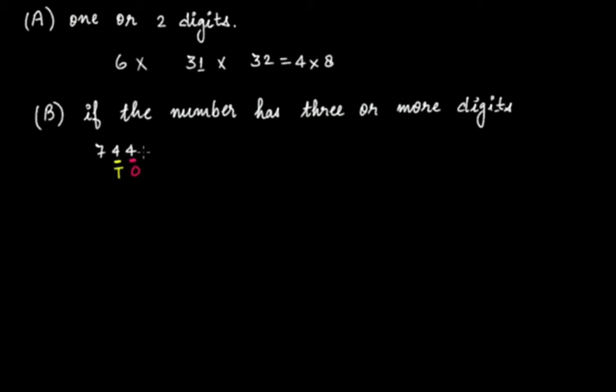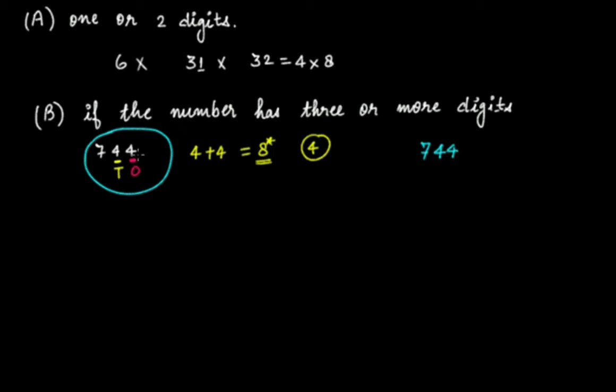In this case you have 4 plus 4 is equal to 8, and if this number is divisible by 4, then that whole number will be divisible by 4. In this case, this number is divisible by 4, and you can cross check it.